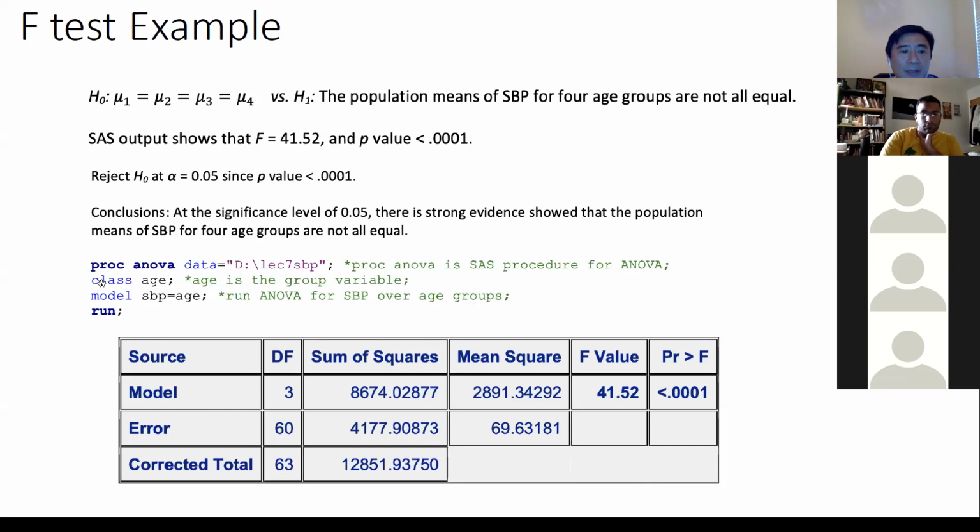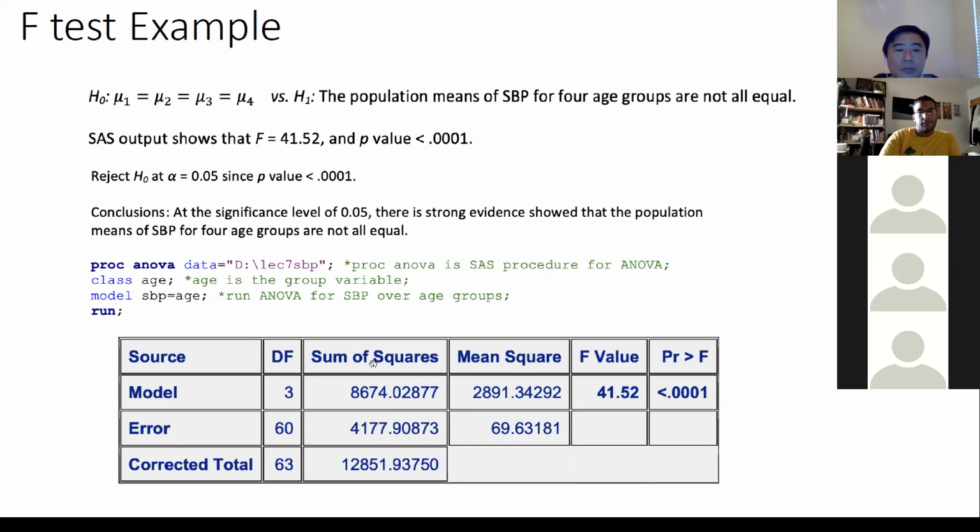If you specify the factor as categorical, the degree of freedom is k minus 1. Like in the example in lecture number 7, the age group has 4 levels, and therefore you have 3 degrees of freedom for that test.